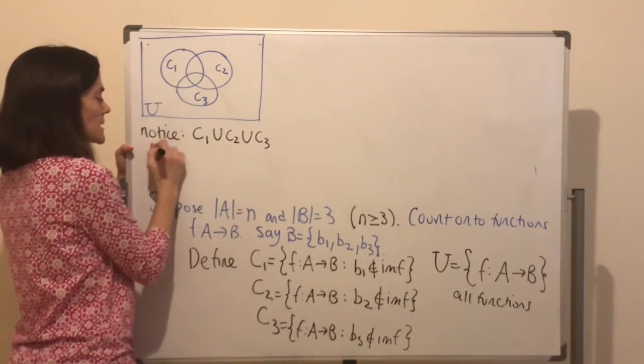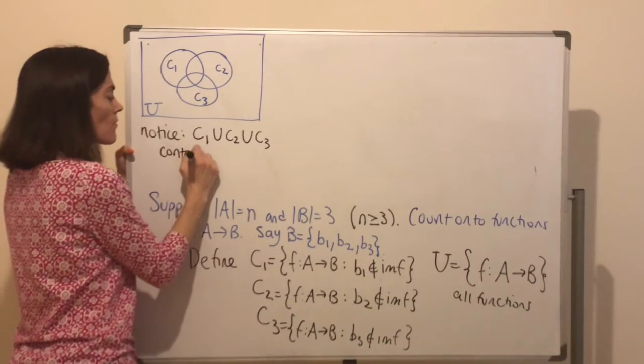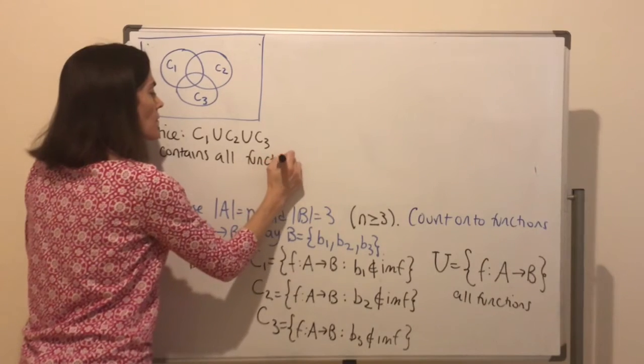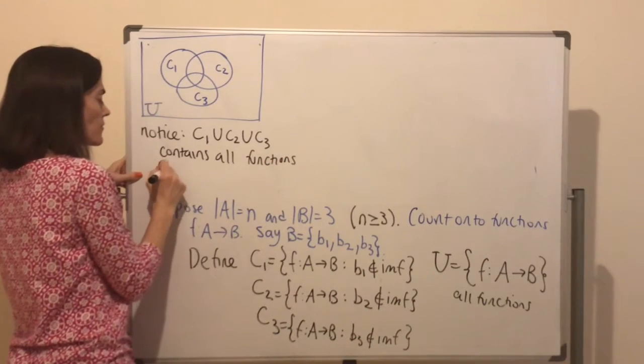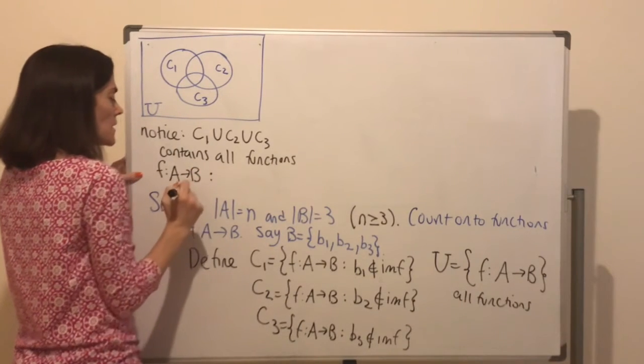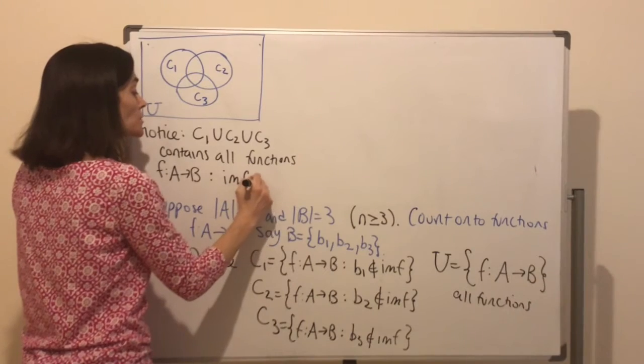So this contains all functions f from A to B such that the image of f is not equal to B.